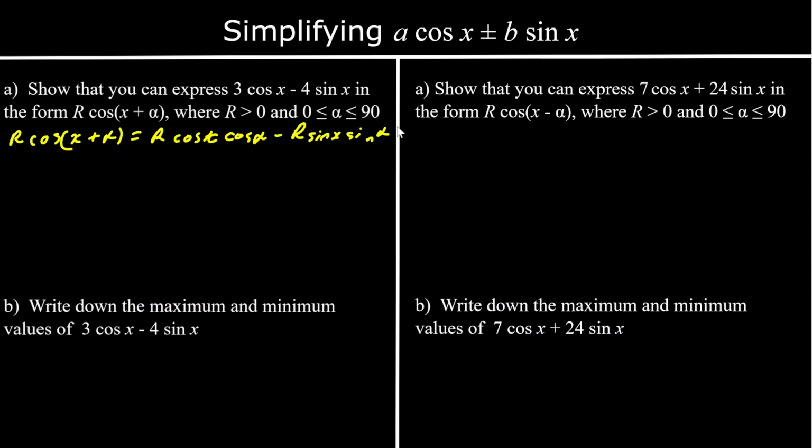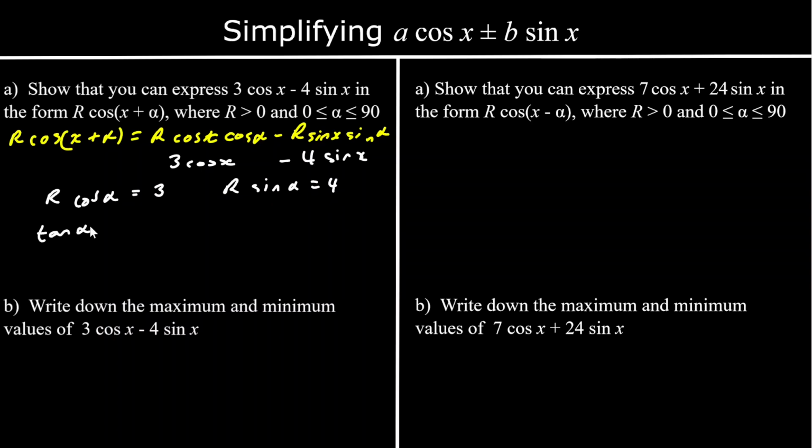We're going to compare that to 3 cos x minus 4 sine x. So we can see that r cos alpha must be equal to 3, and r sine alpha must be equal to 4.